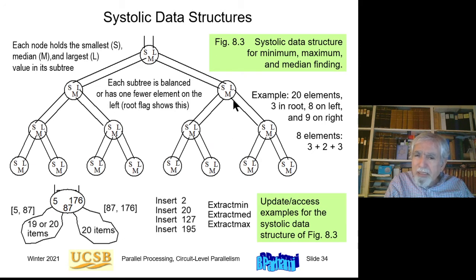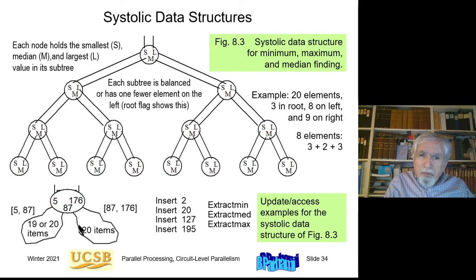So if there's an imbalance, per convention, per agreement, we put one fewer element in the left subtree than in the right subtree. If there's balance, then the two subtrees are exactly of equal size. Now let's take this 8 element subtree on the left. It will have 3 elements at its root, and then 2 elements on the left, and 3 elements on the right. So this convention is applied recursively to the subtrees.